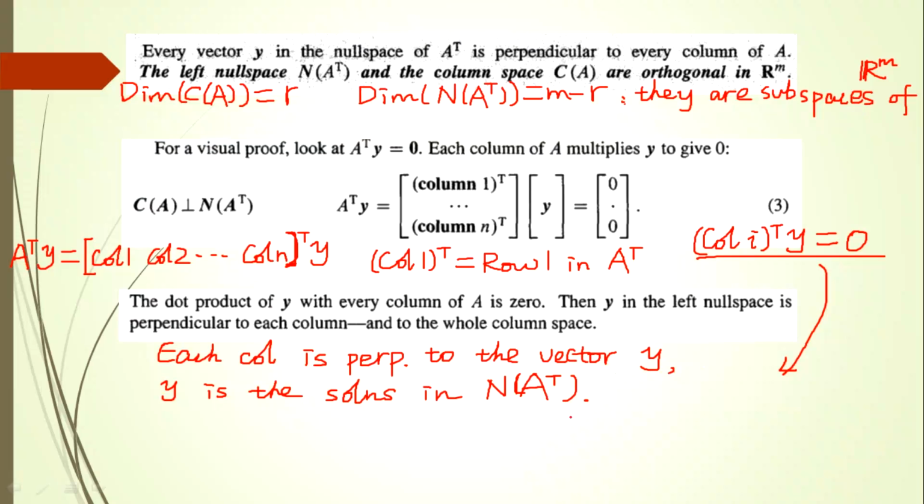Are you clear? Every column vector from the column space is perpendicular to the y from the left null space. That's why we said they are orthogonal subspaces. And here you will notice again the sum of those two dimensions gives m, right?